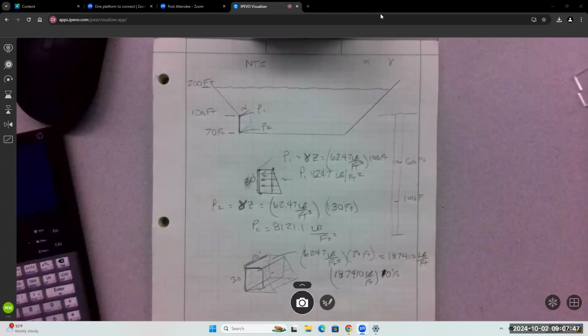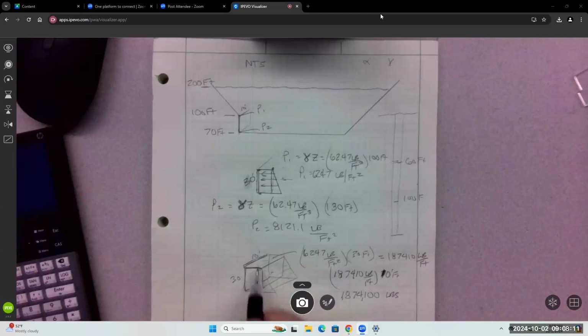Hydrostatic force is pounds. We had to get rid of this feet. So now what do we have? 1,874,100 pounds. Holy crap. We're generating some force down there, aren't we?